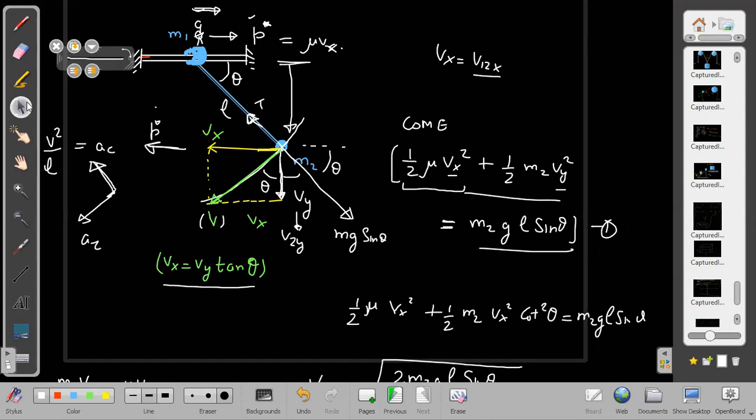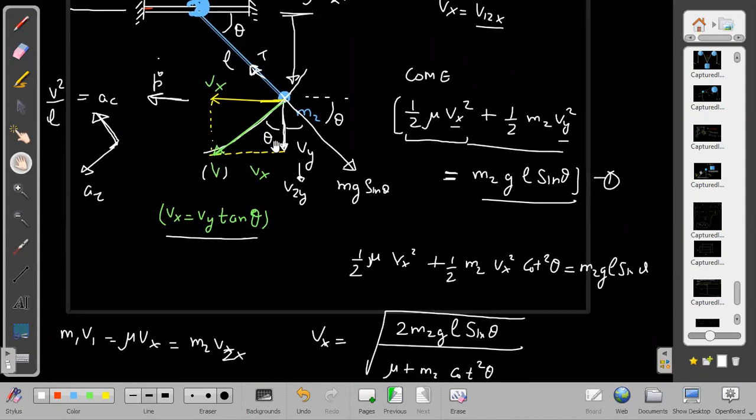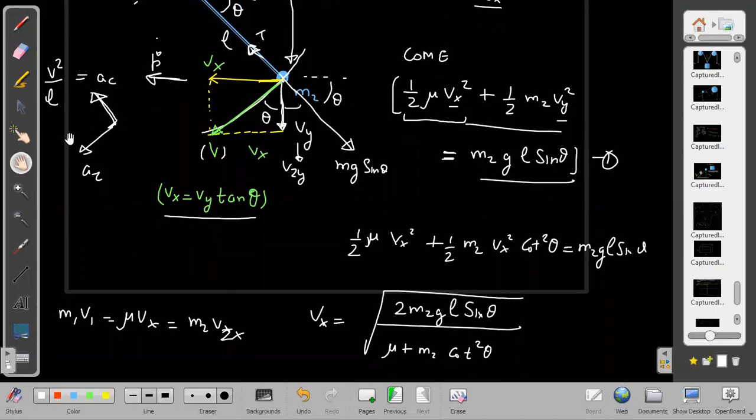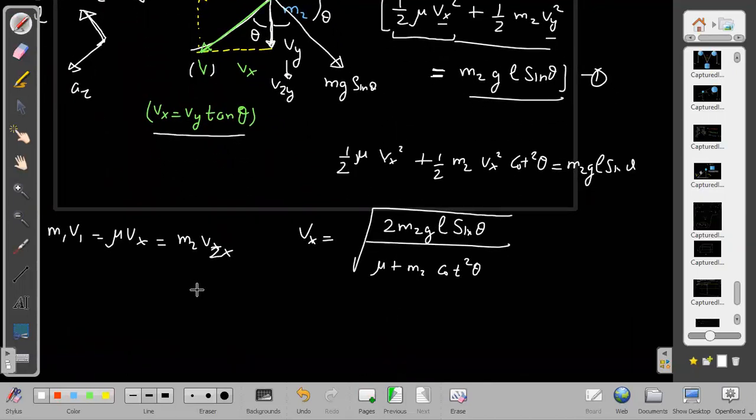So if it has only horizontal velocity, then the motion relative to this in the vertical direction will be the same as the motion relative to the ground in the vertical direction. So this Vy was the relative velocity with respect to that, but V2y is also the same thing. Then we know what V2y is here.